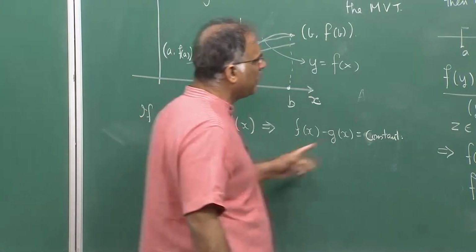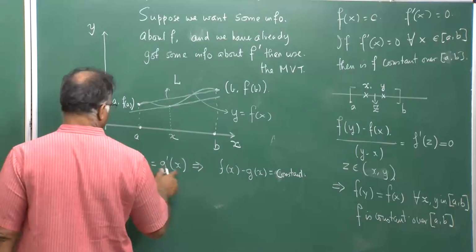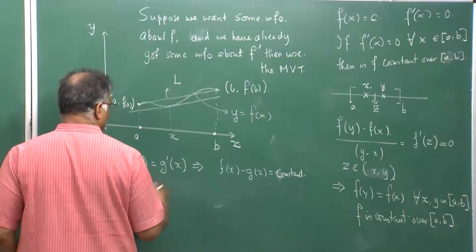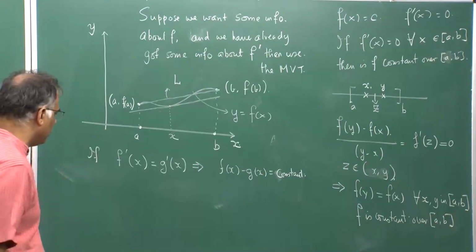This is an obvious application of this idea: if f and g have the same derivative, then they can only differ by a constant. The non-constant parts must be equal.